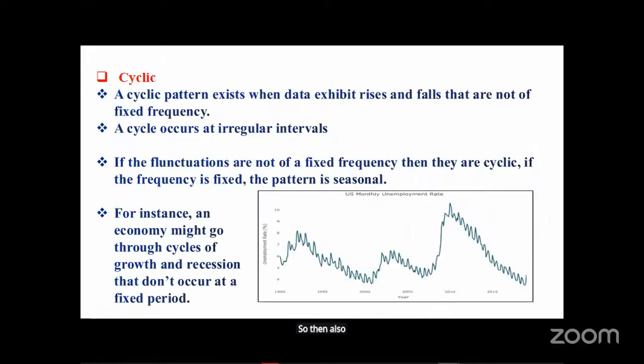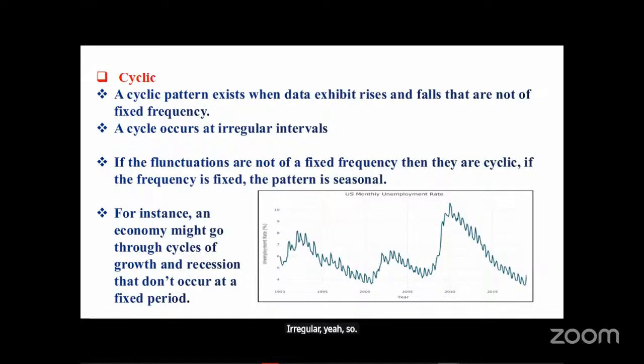Then also cyclic. A cyclic pattern exists when data exhibit rises and falls that are not of fixed frequency. A cycle occurs at irregular intervals. If the fluctuations are not of a fixed frequency, it's different from seasonality, which is regular. This one is irregular.